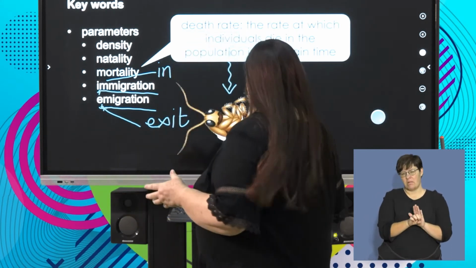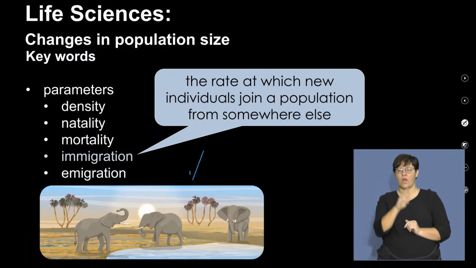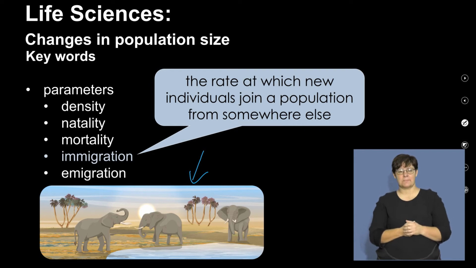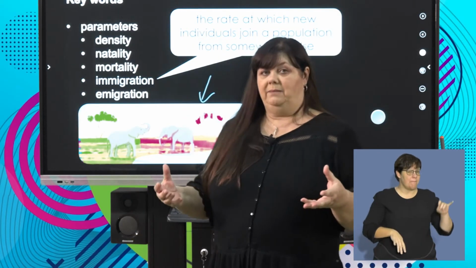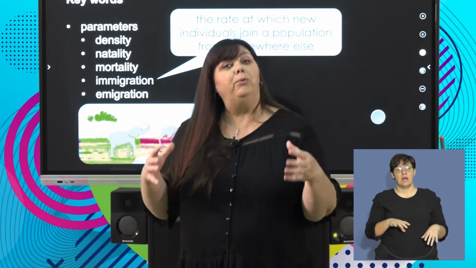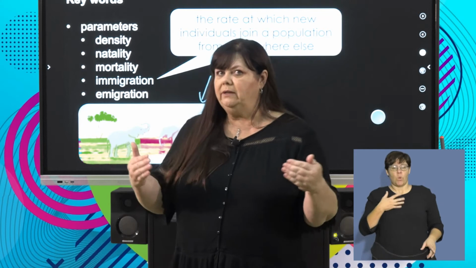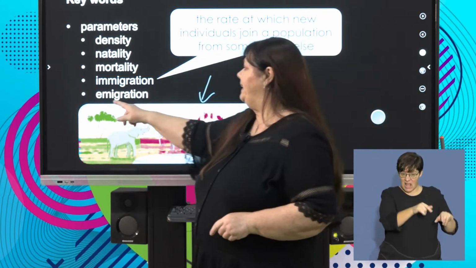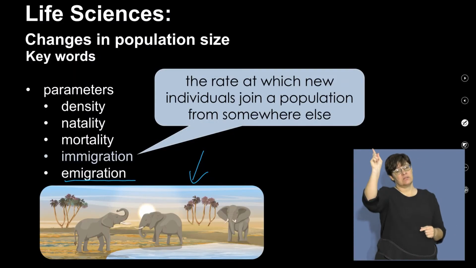Now, a good example to help you understand this is looking at an elephant population. Because what happens with natural elephant populations is that at times when a young bull becomes sexually mature and is looking for a mate, that bull has to leave or emigrate from that population.